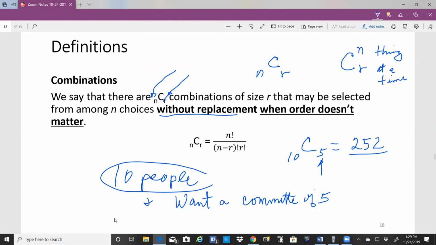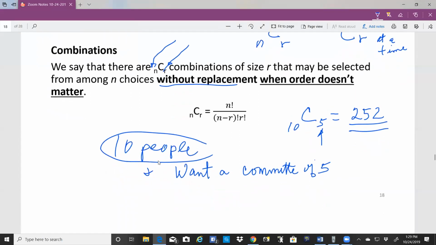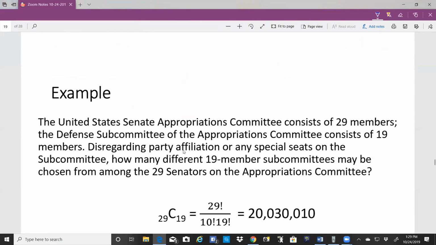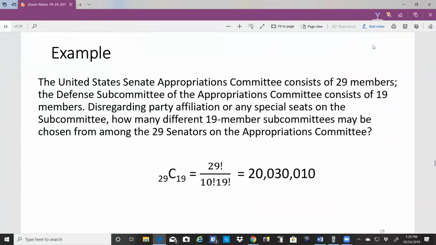Now, you could sit down and write all the possibilities, but that would take you quite a long time. But thank goodness we have some good mathematics to help us do this. An example: the United States Senate Appropriations Committee consists of 29 members, and we want to form a subcommittee of the Appropriations Committee consisting of 19.